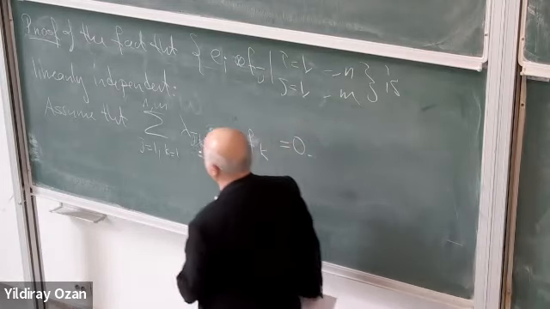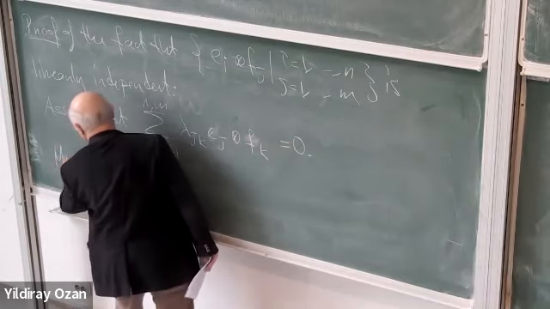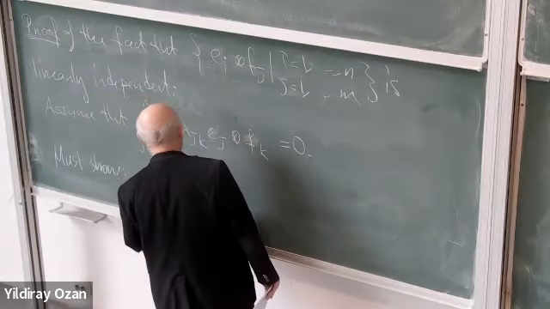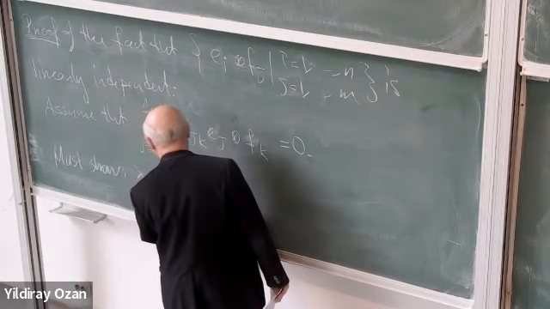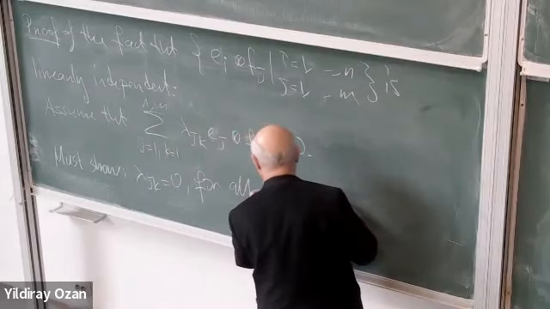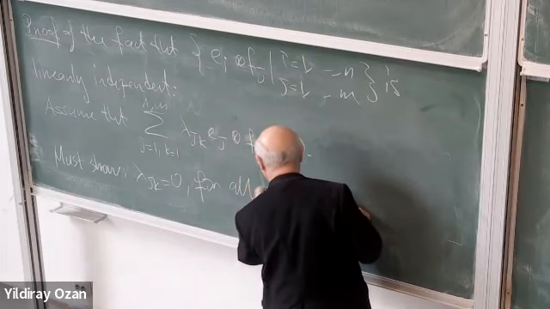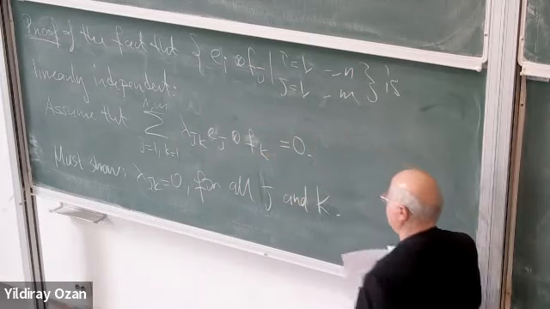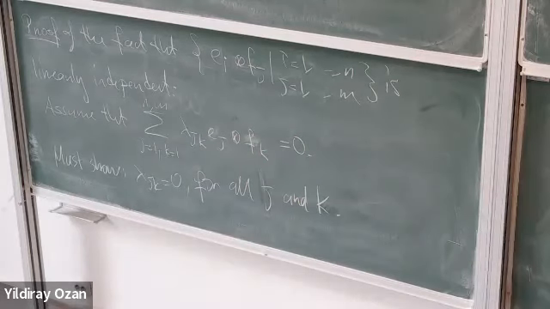So I must show these lambda jk's are zero for all j and k. And this is what we need to show. Let's see why that's the case.